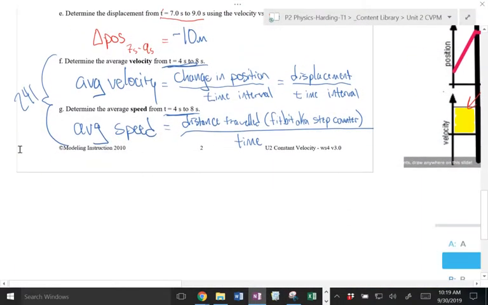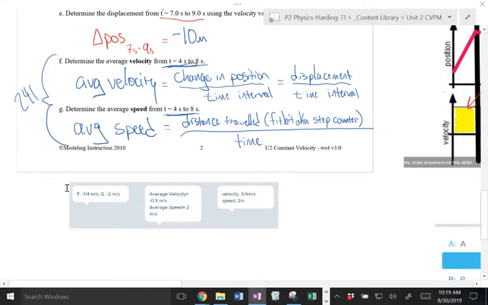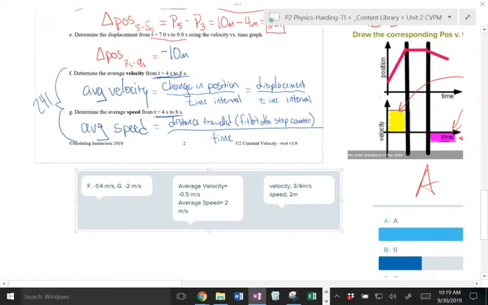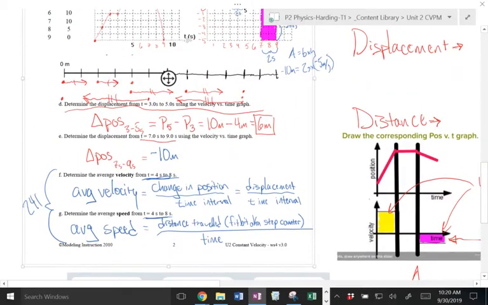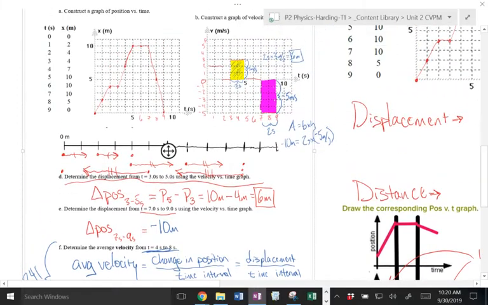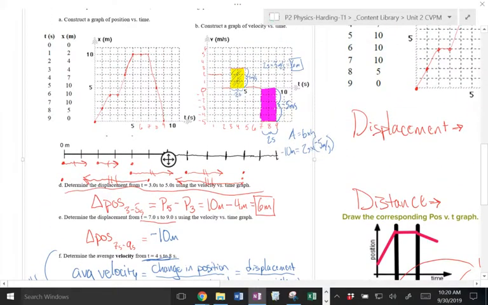These are people's answers in response to these two questions: average velocity from 4 to 8, average speed from 4 to 8. Oops, I got it all frozen up.